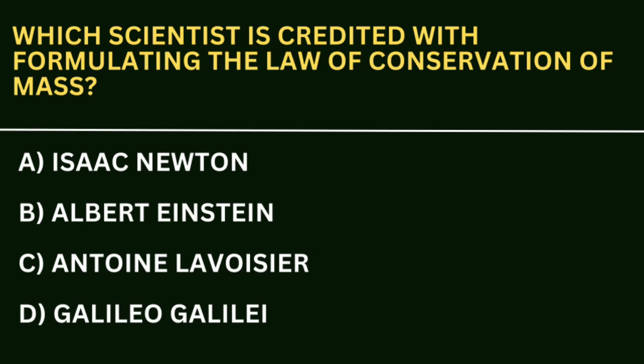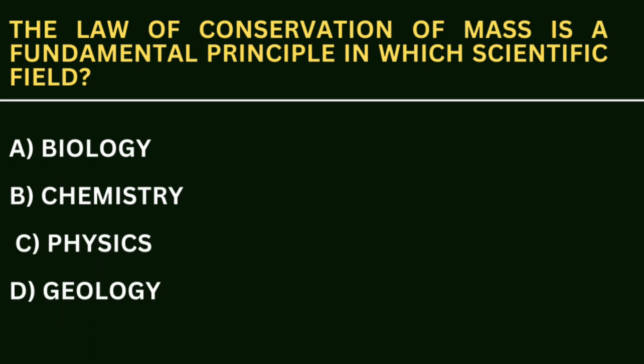Which scientist is credited with formulating the law of conservation of mass? Option C, Antoine Lavoisier. The law of conservation of mass is a fundamental principle in which scientific field?